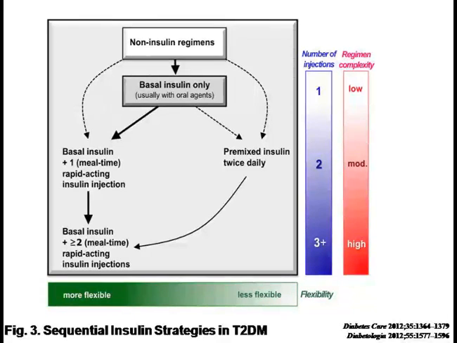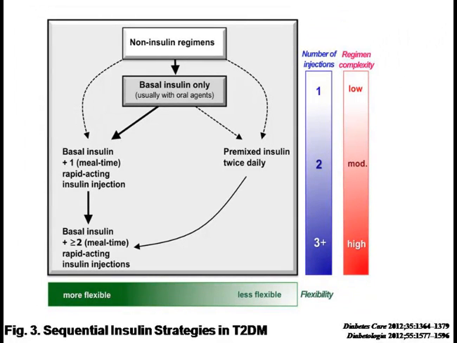The basic thing is that if the person is already taking 3 oral hypoglycemic drugs, and you find that you are not able to achieve the target A1C level, it's better to start with the basal insulin. Though the recommendation says that with a 3-drug combination and A1C less than 9%, put the patient on basal insulin, and if the A1C is more than 9%, put the patient on prandial insulin.